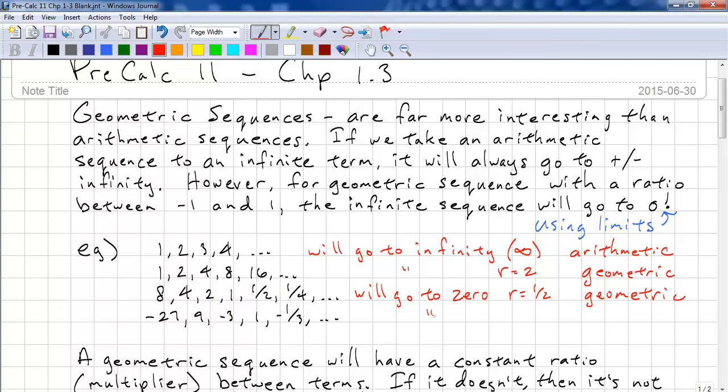This one will also go to 0. Its ratio is -1/3, and it's geometric. So we take -27 times -1/3, we get 9, times -1/3, we get 3, and so on.